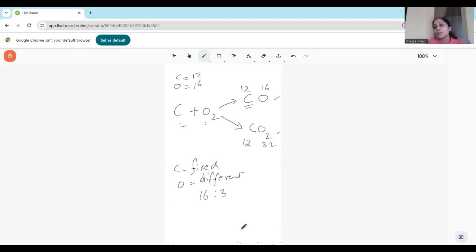They are saying this ratio should be a simple whole number ratio. So how much is this ratio? Is it 1 is to 2? Isn't it a small whole number ratio? So this is the law of multiple proportion. When two elements combine to give more than one product, the different masses of one element that combine with the fixed mass of another element bear a simple whole number ratio. Okay, so let's check out an example.